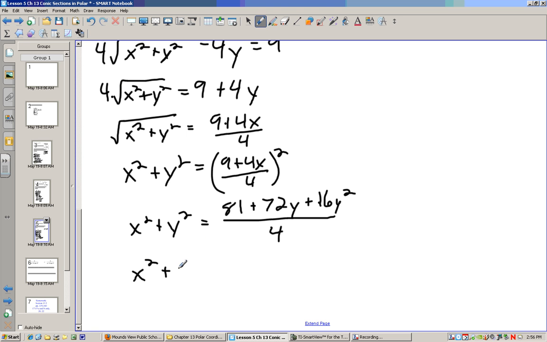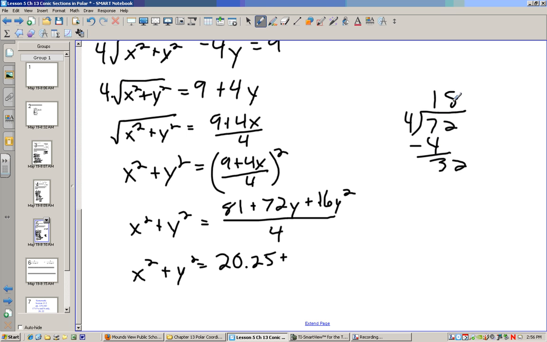So we can divide those out. 81 divided by 4 is 20.25, 20 and a fourth. 72 divided by 4 is going to be 18. And then this is 16y squared.